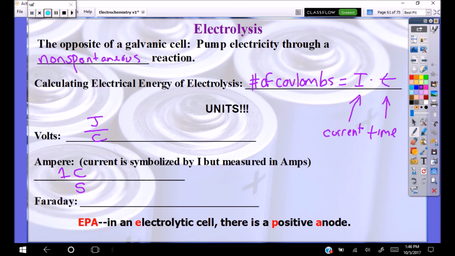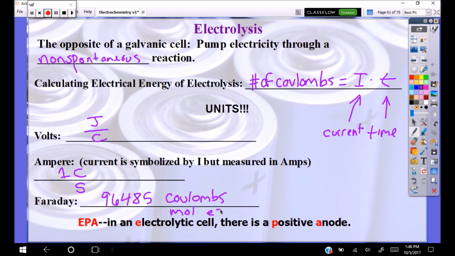With Faraday's constant, that's 96485 coulombs per mole of electrons. So all those units will be able to cancel out when we use this equation. We just have to do a little work to get there.